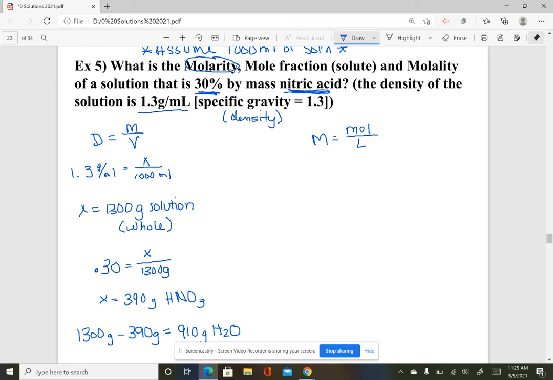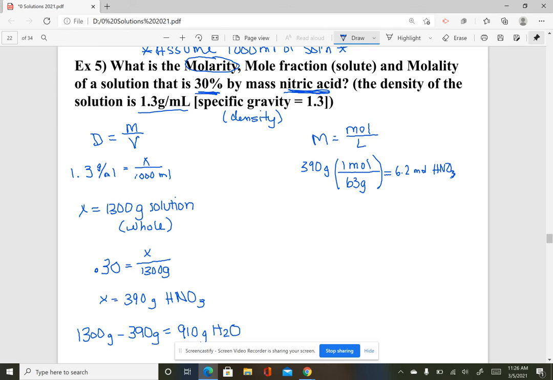I know that I have 390 grams of HNO3, and I can figure out what 1 mole of it weighs by looking on the periodic table. So I have H plus N plus 3 O's. If we look that up on the periodic table, we get that all comes to 63 grams. And if I divide, I get 6.2 moles of HNO3.